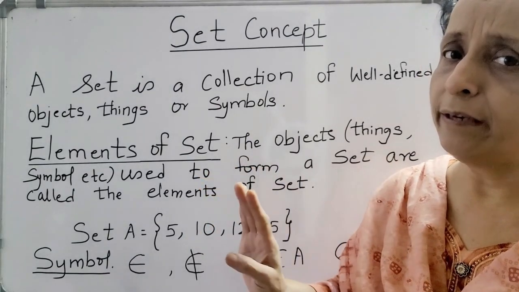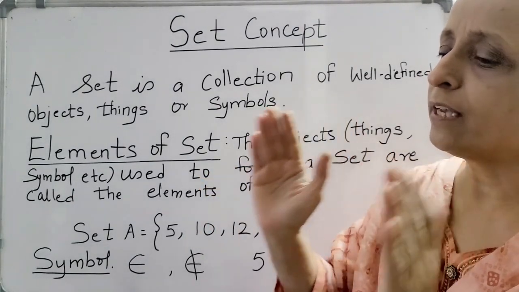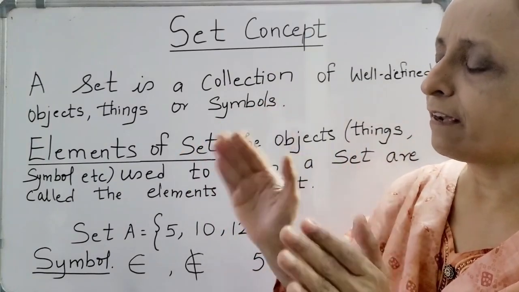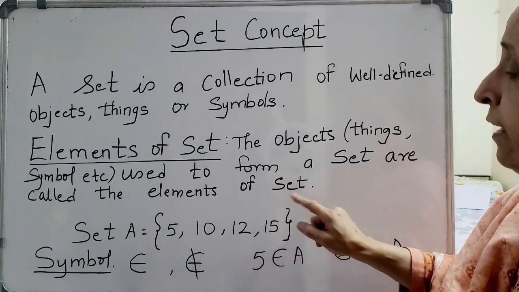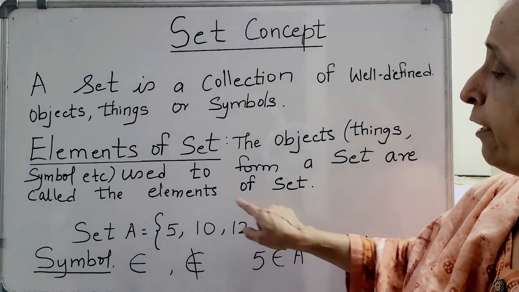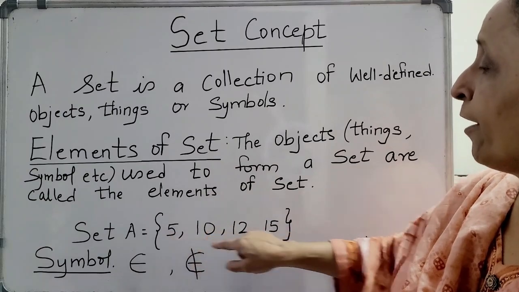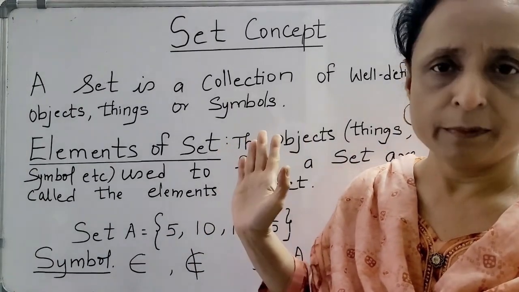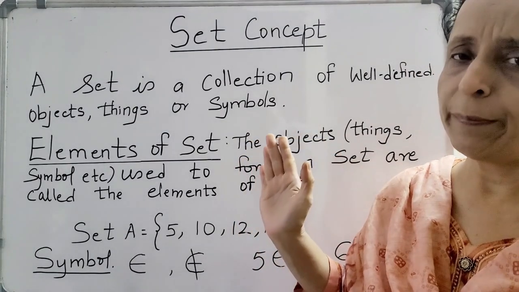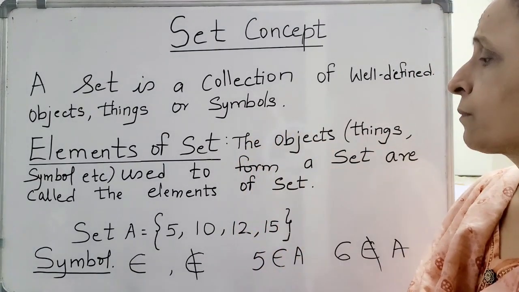It can be in any form, but those elements should be present inside the set. So this set 5, 10, 12, 15, I can write 15, 10, 12, 5 or 5, 12, 10, 15. Any way I can jumble them. It does not make the set wrong.